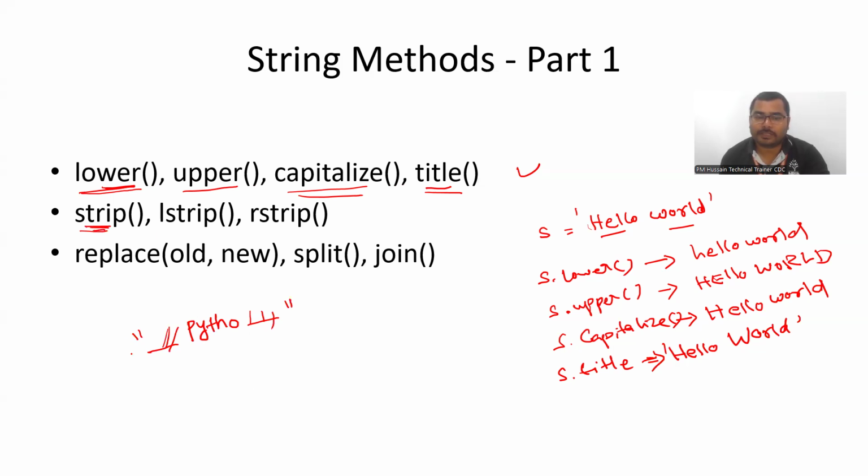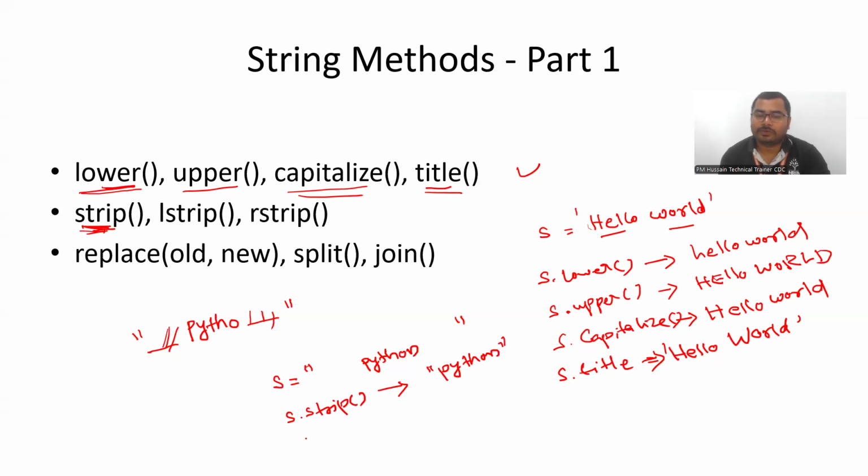So now let us assume that s is equal to, in quotations, some spaces, then Python, then again some spaces, then the string ends. Now I don't want these spaces before and after Python. In such a case, you can use this strip method. You can simply write s dot strip. This will remove all spaces at both the beginning and end of the string, and you will get only Python without any spaces.